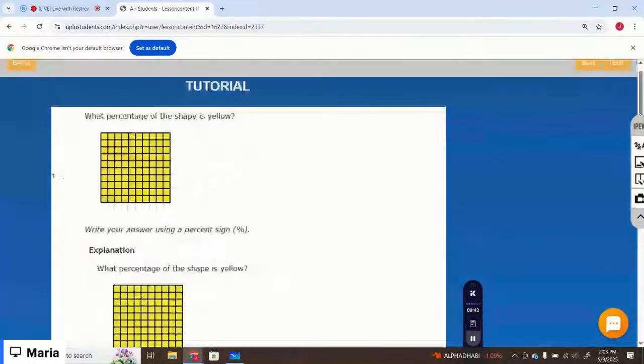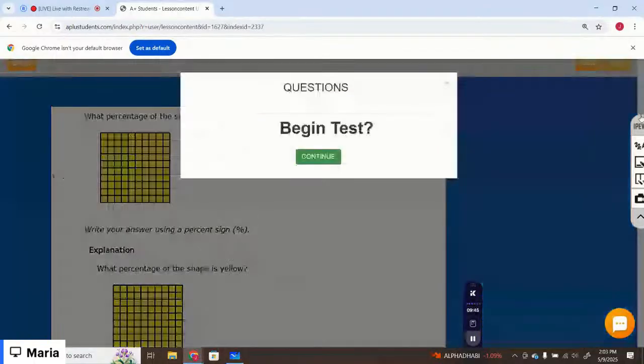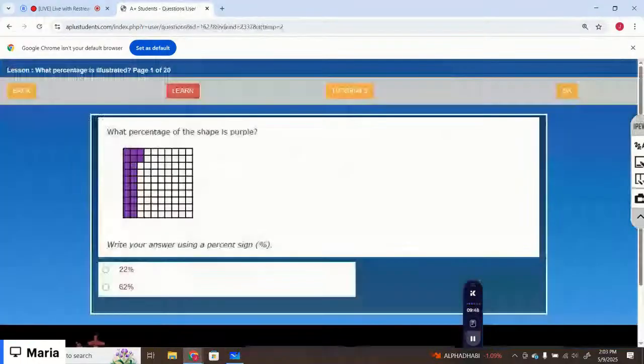Let's just start with the test questions. What percentage of the shape is purple?